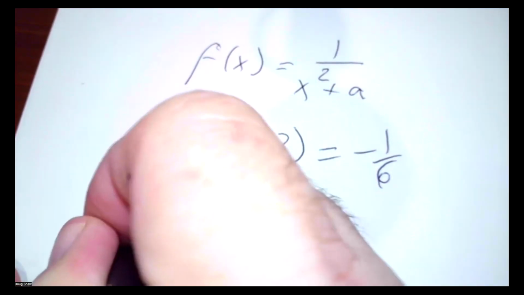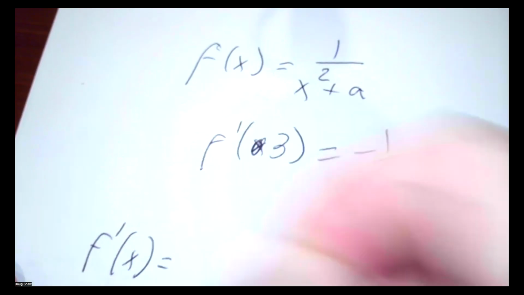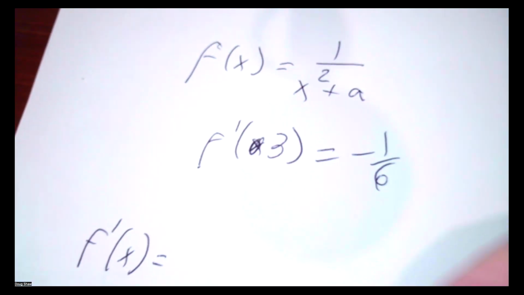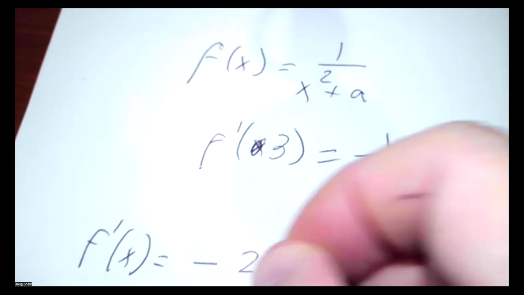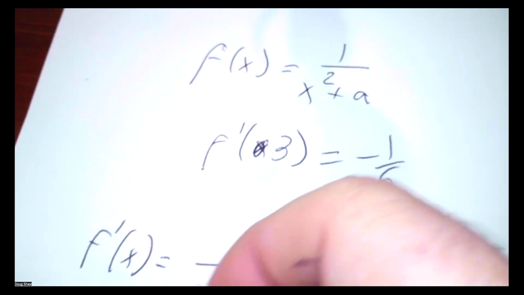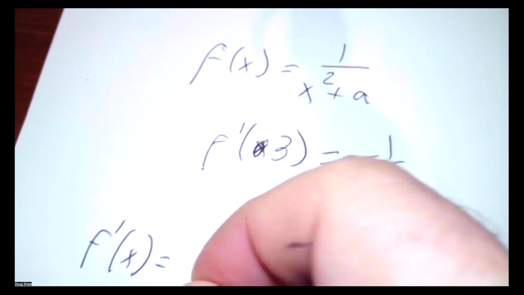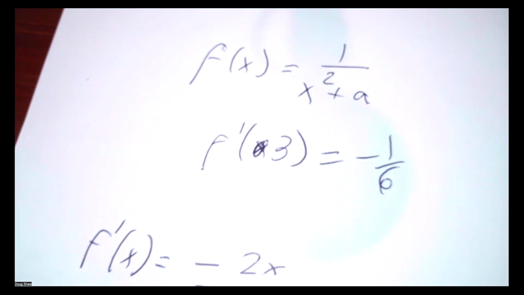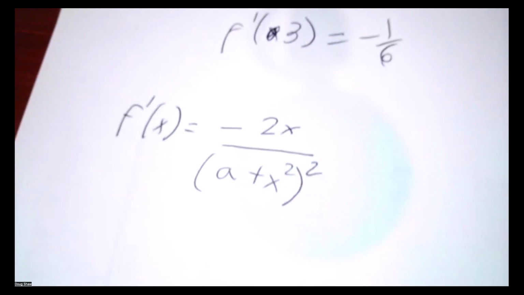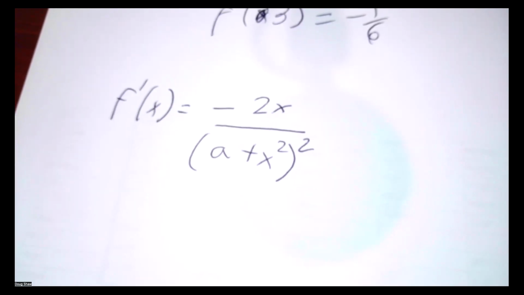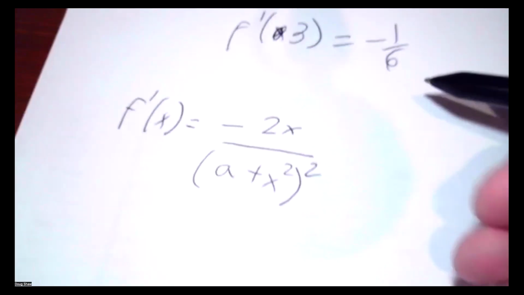Well, I know f prime of x. I would have to take the derivative here. And trust me, you get negative 2x over (a plus x squared) squared. We do exactly the same thing we did before. And now I know that f prime of 3 is negative 1/6.